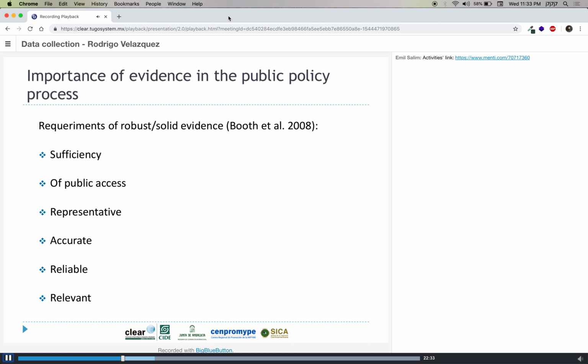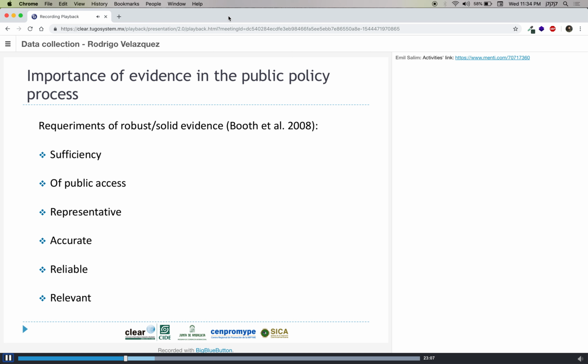The third requirement has to do with the fact that it is representative. This means that evidence must show that it is not selected. For instance, if we are talking about a group of individuals suffering from a public problem, and if we only select some cases or some individuals in our study, then of course this is not going to be representative.